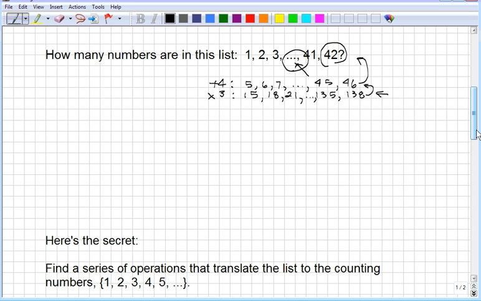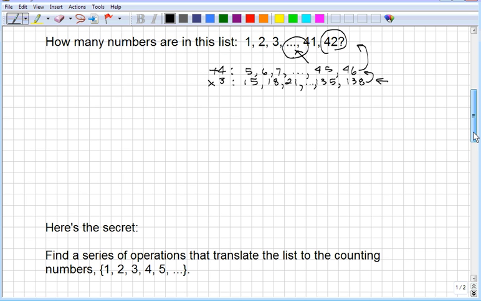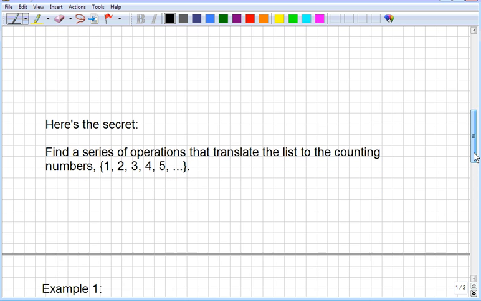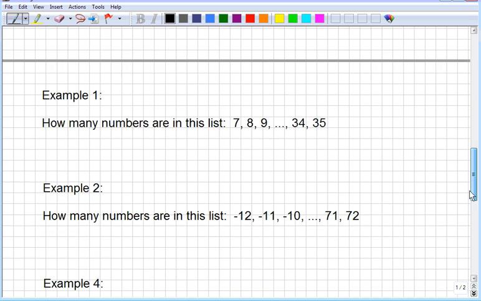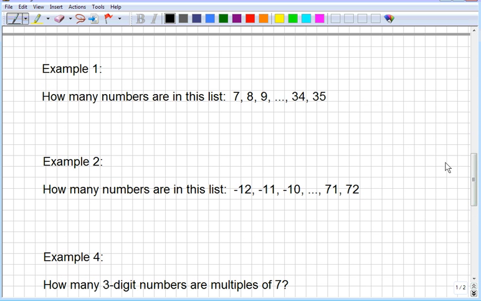And I want to work a few examples here to give you an idea, and then I have posted a worksheet as well for you to practice this technique. Alright, here's a fairly easy one. How many numbers are in this list? 7, 8, 9, ... 34, 35. Now you can see that they're incrementing by 1 each time.